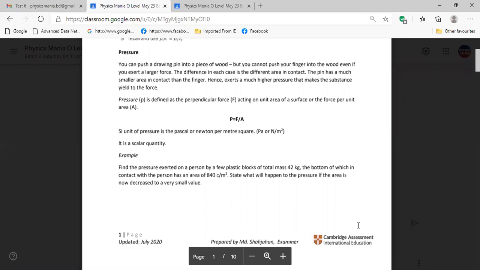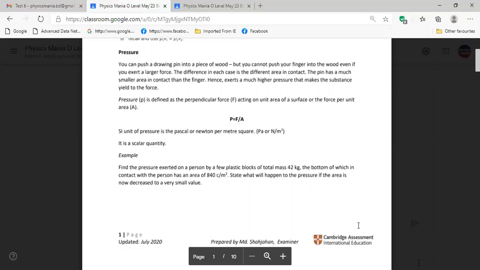So you are going to find the pressure. The pressure is 5,000. Right. How you got pressure 5,000? Force by area. So what is your force? 420 newtons.